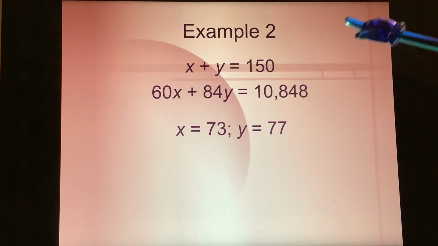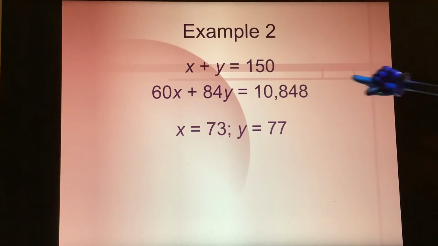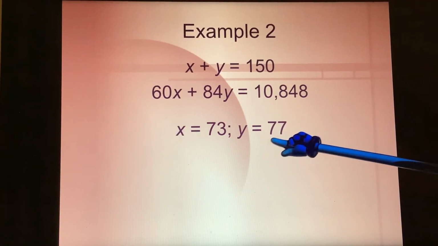You're going to have to work it out, and you actually see that in the example in your book. You end up with 24y plus 9,000 equals 10,848. When you solve for y, you get 77.